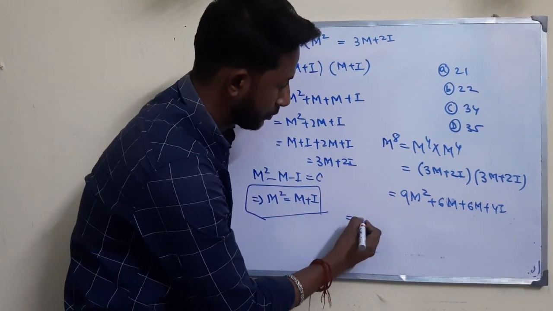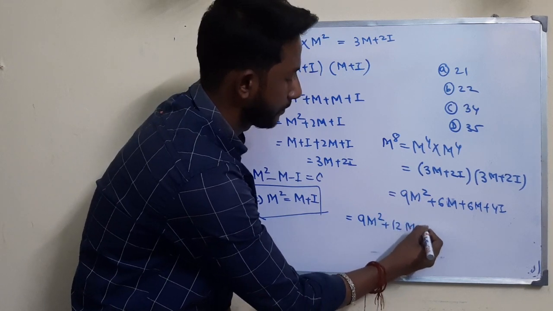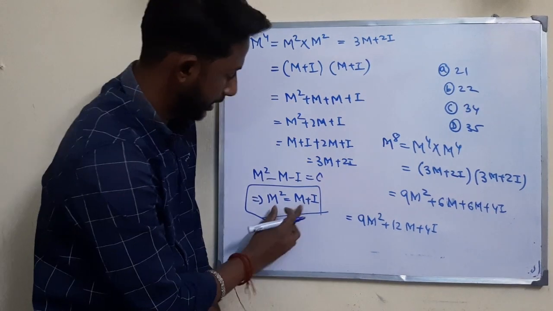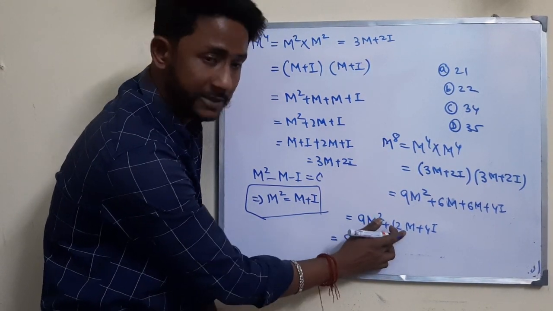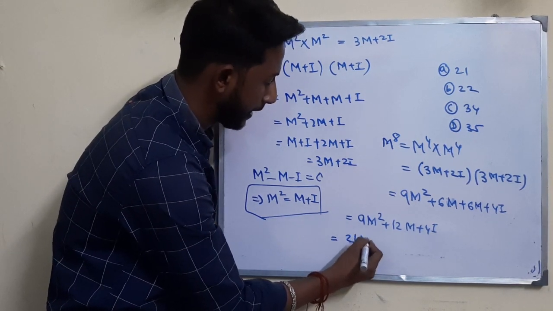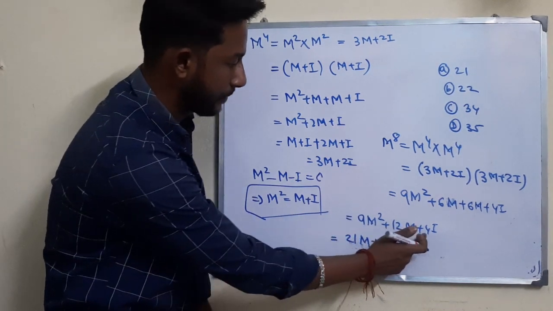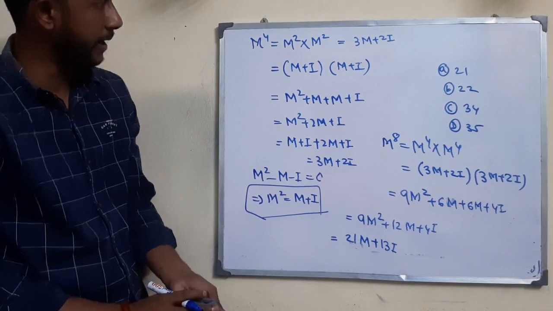So which is equal to 9M square plus 12M plus 4I. Now put the value of M square. M square is equal to M plus I, so 9M plus 12M would be equal to 21M, and 9I plus 4I is equal to 13I. So this is the value of M to the power 8.